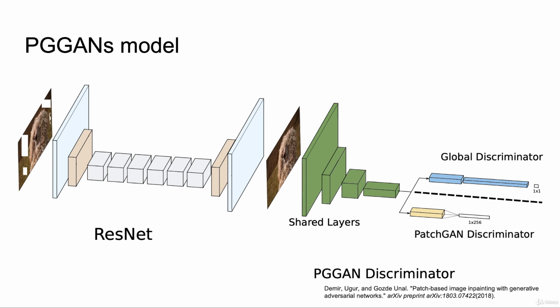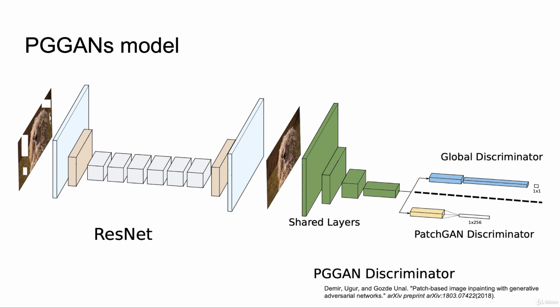The interesting thing about their work is the discriminator. How does it work? As an input, we put an image with holes, like you see on the left of the slide. There can be several holes in fact.